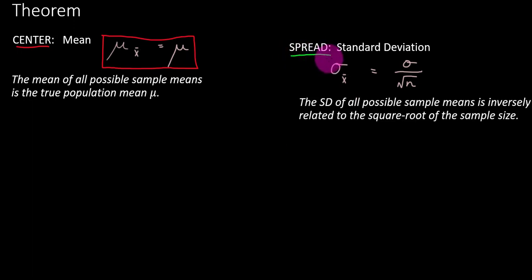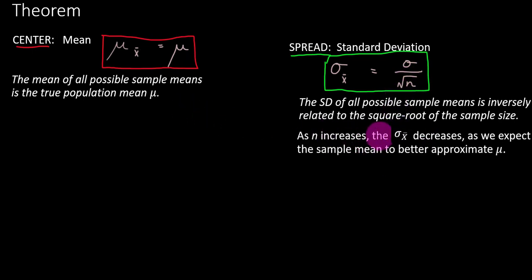And this may seem unintuitive at first, but hopefully we can validate this, because we know that with larger sample sizes, we learn more about a population in the sample. And so we would expect sample statistics from larger sample sizes to perform better as estimators to their respective parameters.